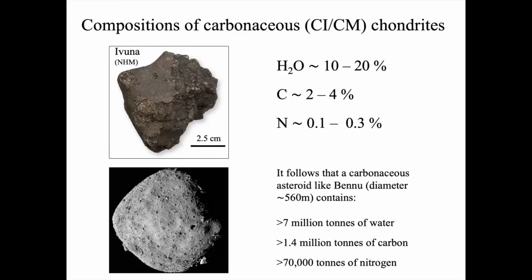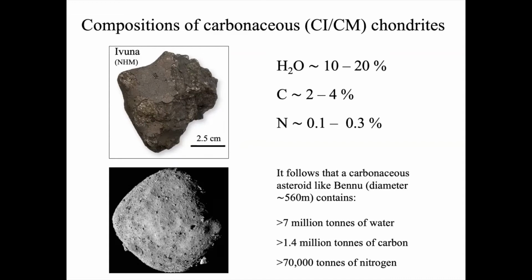So the picture at top left shows the Natural History Museum's sample of the Orgueil carbonaceous meteorite, a CI meteorite. The CIs are the most volatile-rich meteorites, and the I stands for Orgueil, so that's like the type specimen of these meteorites. The CM chondrites are similar, but not quite as volatile-rich.